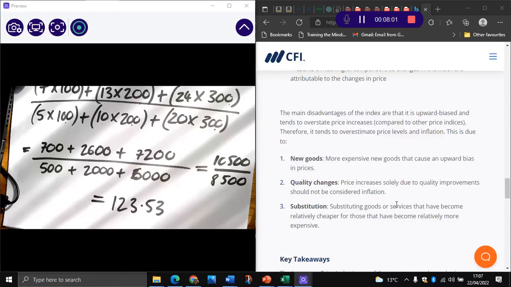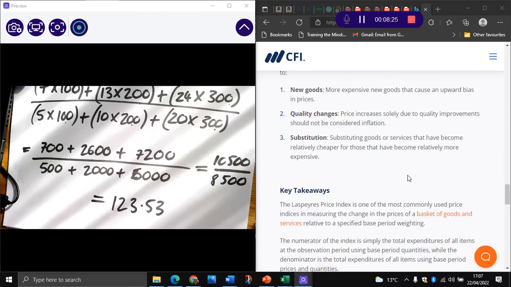Substituting goods or services that have become relatively cheaper for those that have become relatively more expensive. So it overstates price increases. Good for somebody, if it's for pay, say if they use the Laspeyre to calculate salary, it would be beneficial to the earner.